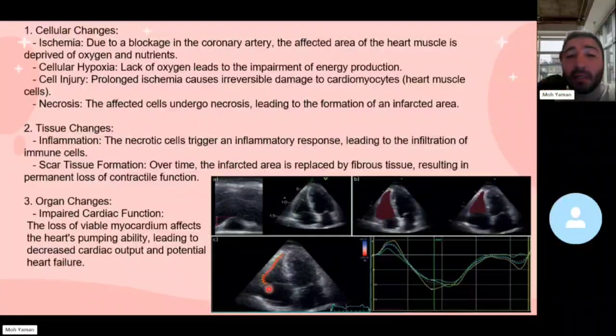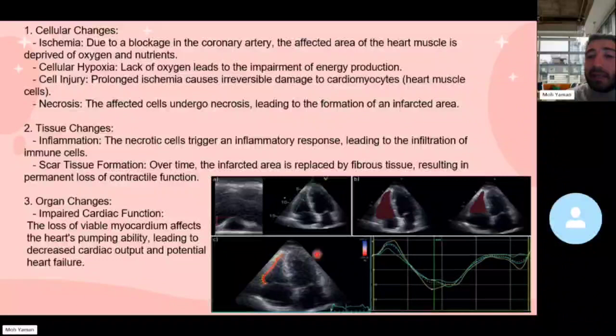Also one sign of the MI, myocardial infarction. Cellular hypoxia, lack of oxygen, will be very clear with the coloration of the ultrasound. Cell injury also will be very clear when we study the paragraph on the muscles of the heart.